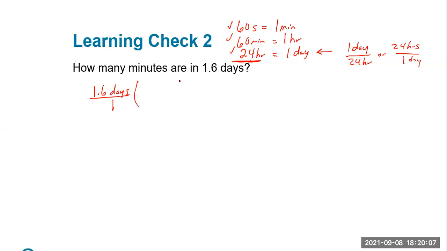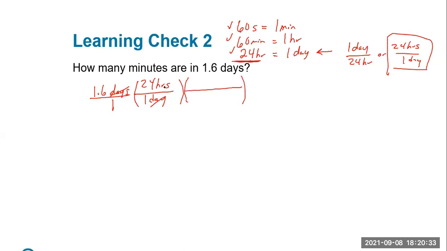Here we want to go opposite, which means we do need the conversion factor over here. And that gives us 1 day on the bottom and 24 hours up on top. The days do cancel. Again, you could get an answer at this point if you wanted to. I wouldn't round too much, or you could just continue on with the calculation. I'm going to actually just continue on with the calculation.